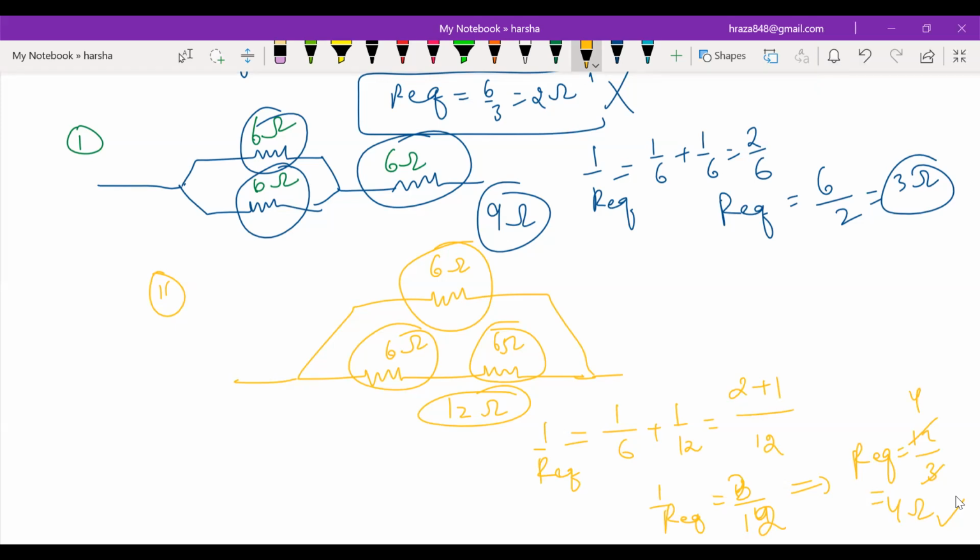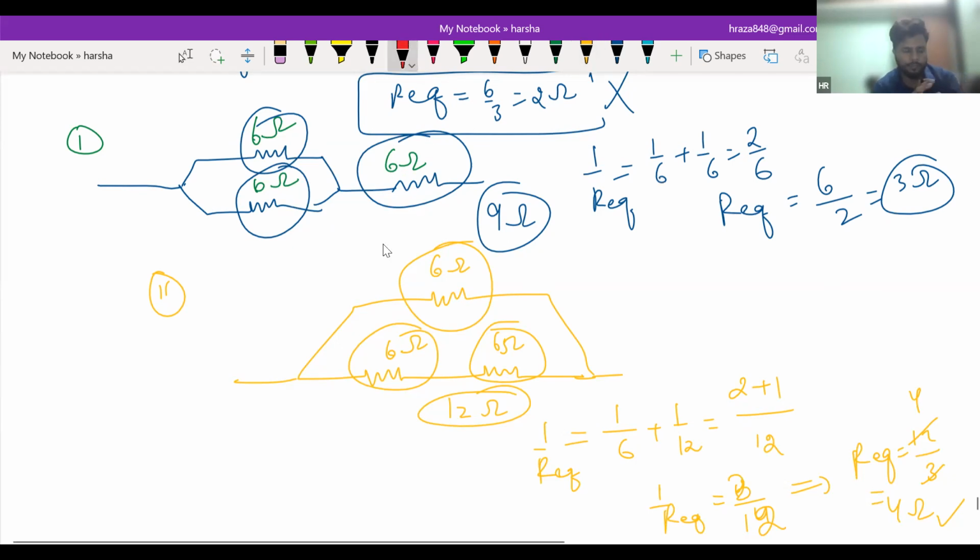Okay, ask me. Sir, how will we know when to divide it in parallel and series? Like in this question. So basically, Harsha, you have to do the hit and trial method. When you do a lot of practice, you will know that if you take 6 ohm, 6 ohm, 6 ohm in series, it will be 18 ohm, right?